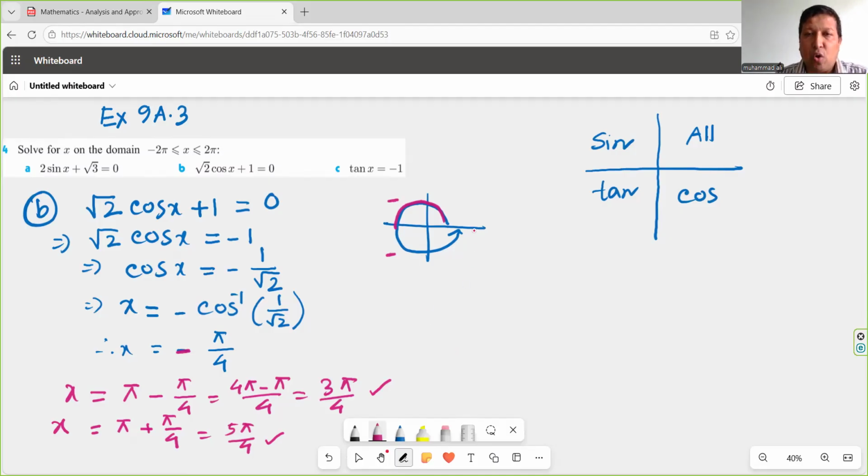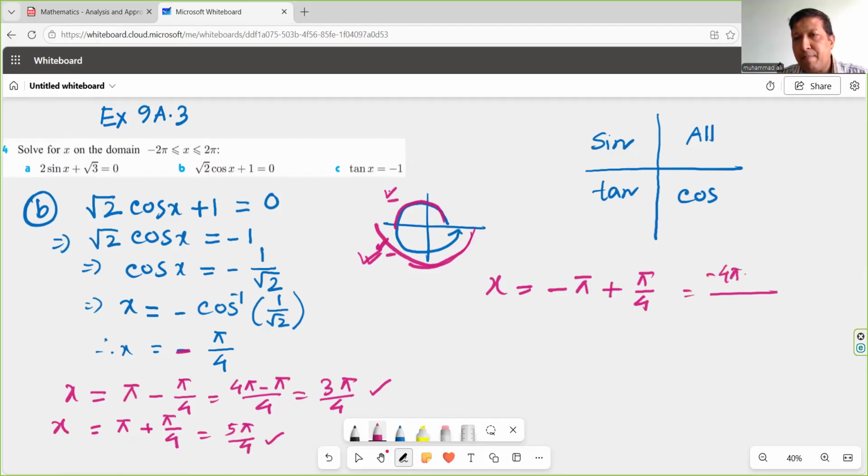Now when it is clockwise, that means in this way, cos is negative in this quadrant, that means the house of tan and house of sine. That means x equals, from here to here, this is minus pi. Why minus? Because we are considering clockwise. Minus pi plus, if we add here pi by 4, it comes over there. So minus 4 pi plus pi by 4, it is minus 3 pi by 4.